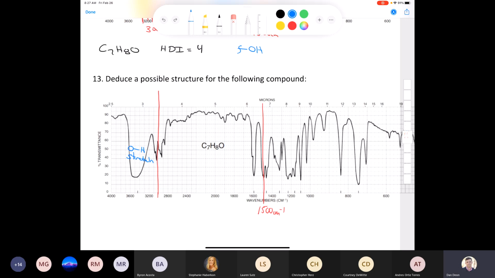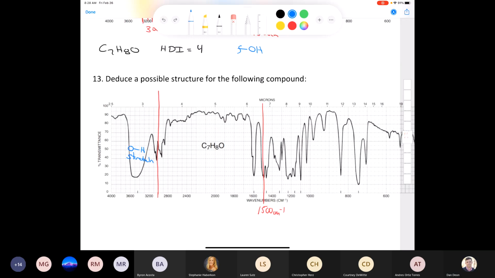Does anybody have an inkling where these 4 units of unsaturation might come from? Once I tell you, it'll be pretty abundantly clear, but does anybody have an idea where you get the 4 units of unsaturation from? Nope. Okay.